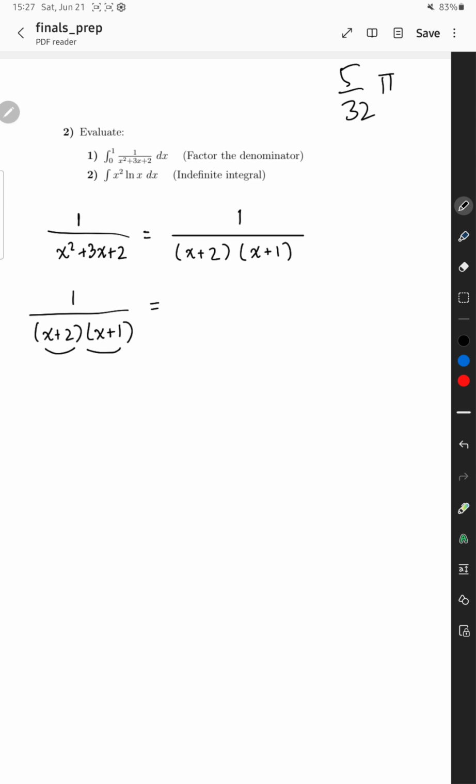So you can just Google partial fraction formulas, and there would be a table for different sorts of scenarios. For instance, if this denominator was a square, there would have been a different partial fraction technique we would use. But these are both linear, so we'd just use a constant term above: a divided by x plus 2 plus b divided by x plus 1.